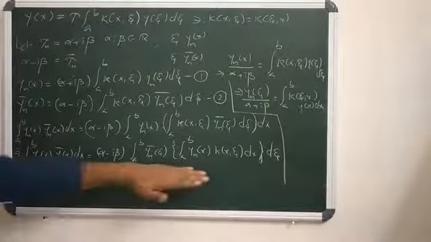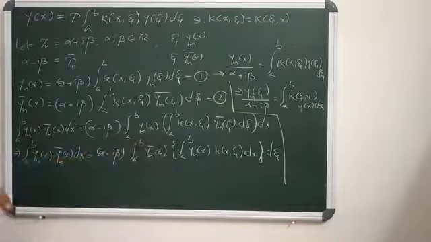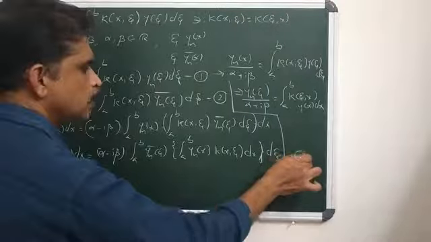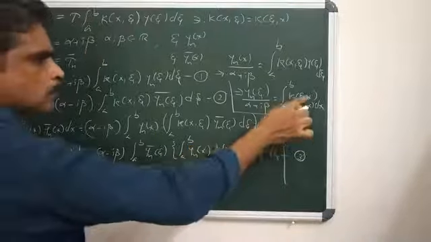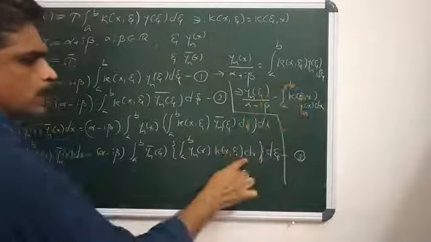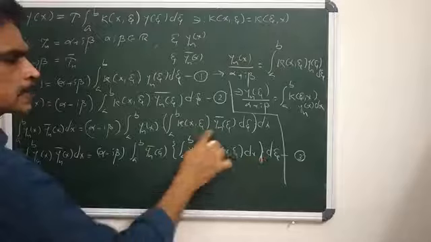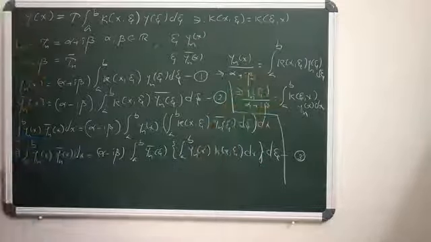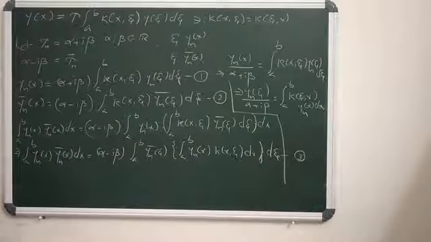Listen here, there is a term involving this equation, equation 3, the integral from a to b of yn(x) k(x, theta) dx, which can be replaced by yn(theta) by (alpha plus i beta).